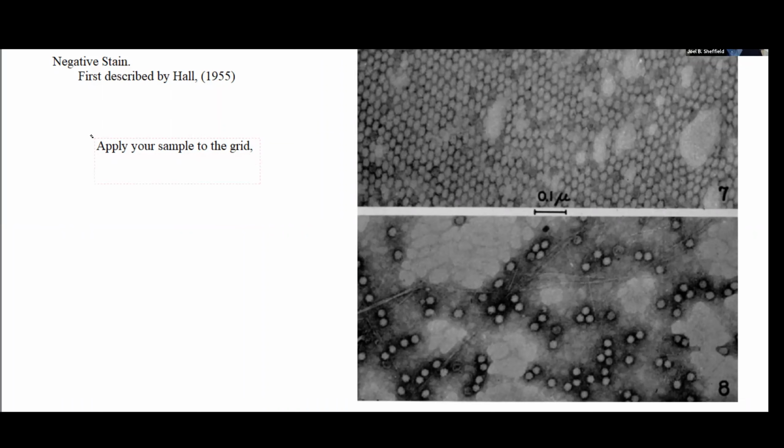and then you remove the liquid and then add one of a number of compounds. The one that's most common is sodium phosphotungstate, which is relatively neutral.